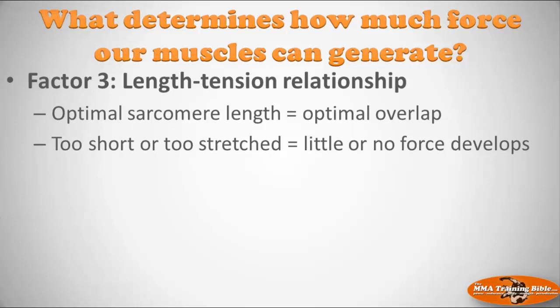If the sarcomere is too contracted, or if your arm is too contracted, let's say, or if it's too stretched out, you're not going to be able to generate much force. If it's not stretched out enough, or if it's stretched out way too much, then you're going to generate little force. So what I want to do is give you a little diagram to show you this concept.